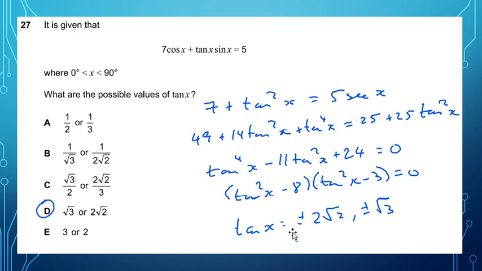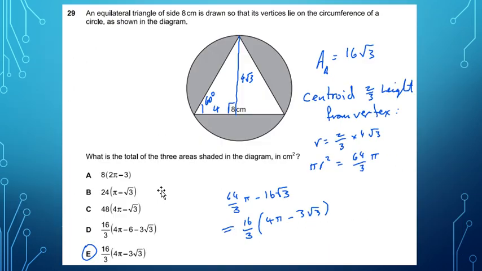And we square root to get plus or minus root 8, which simplifies to 2 root 2, plus or minus root 3. But we need to pick x so that x is acute, and when x is acute, tan is positive. So we're just going to have root 3 and 2 root 2. So that's the answer. Next.